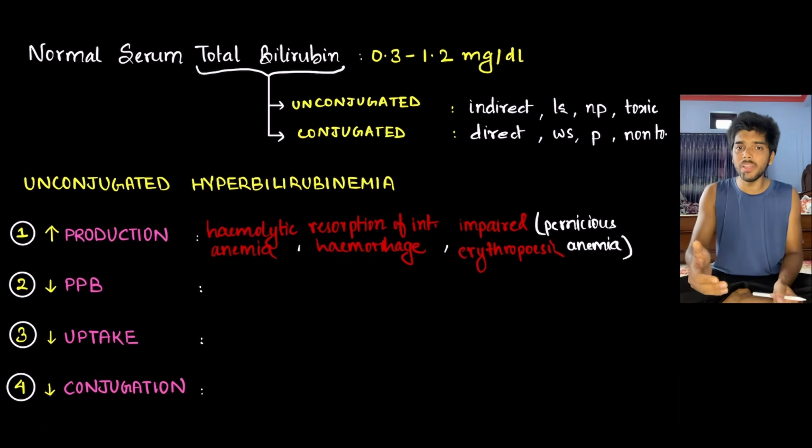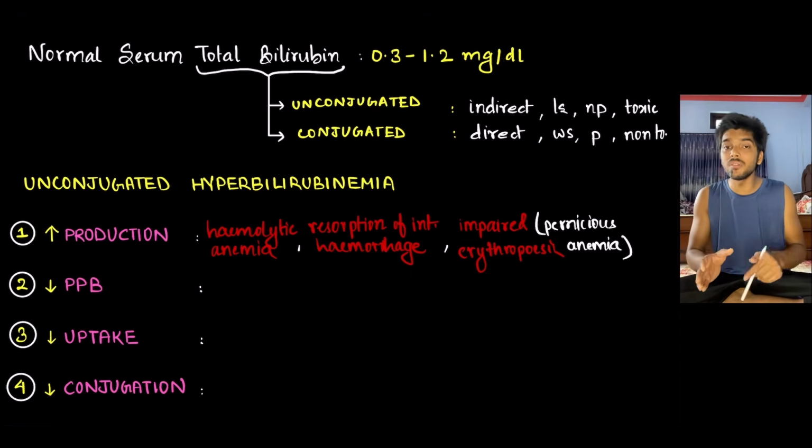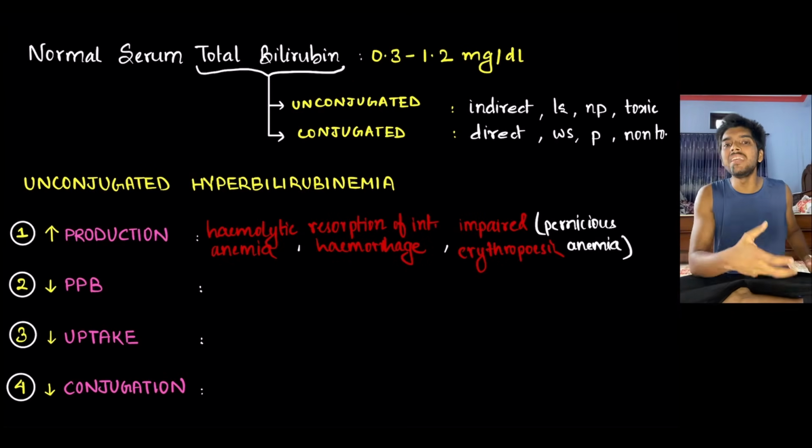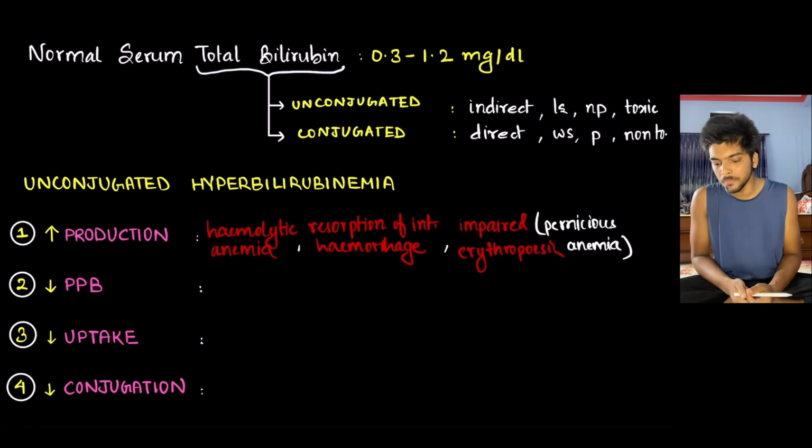During accelerated erythropoiesis, along with increase in the production of RBCs, there is also increase in the destruction of immature RBCs. So new RBCs are being made fast, but at the same time, immature RBCs are being killed faster as well. So the macrophages will eat up the immature RBCs, leading to increase in the production of unconjugated bilirubin.